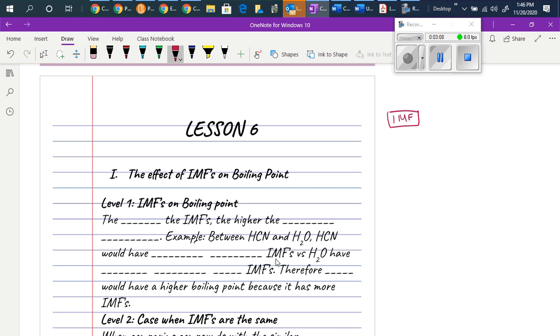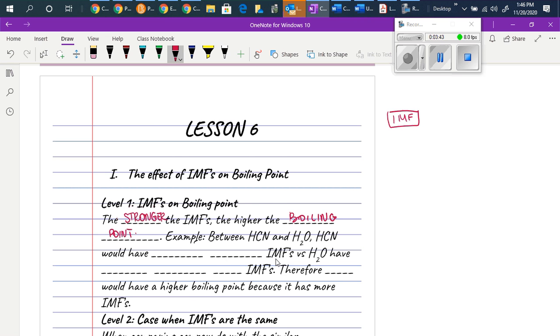So the stronger the forces, the higher the boiling point. It makes sense, because in order to break a bond we need to input more energy, meaning that the temperature will increase much more.